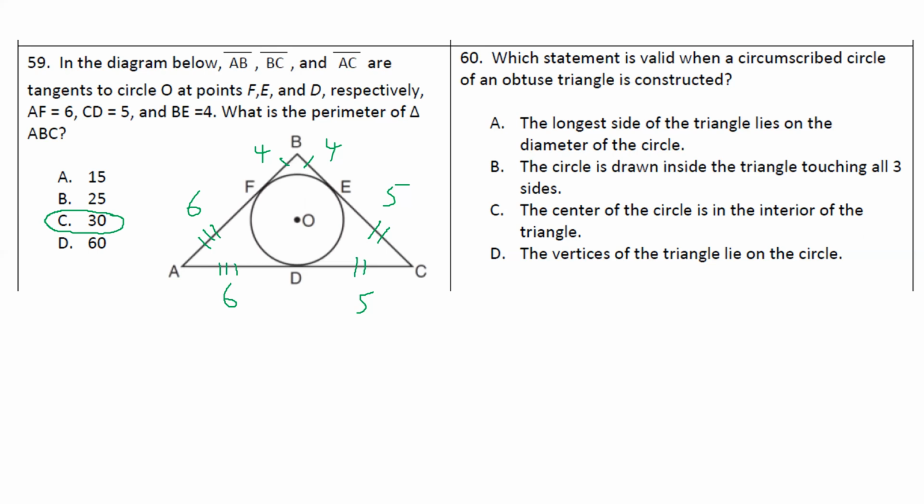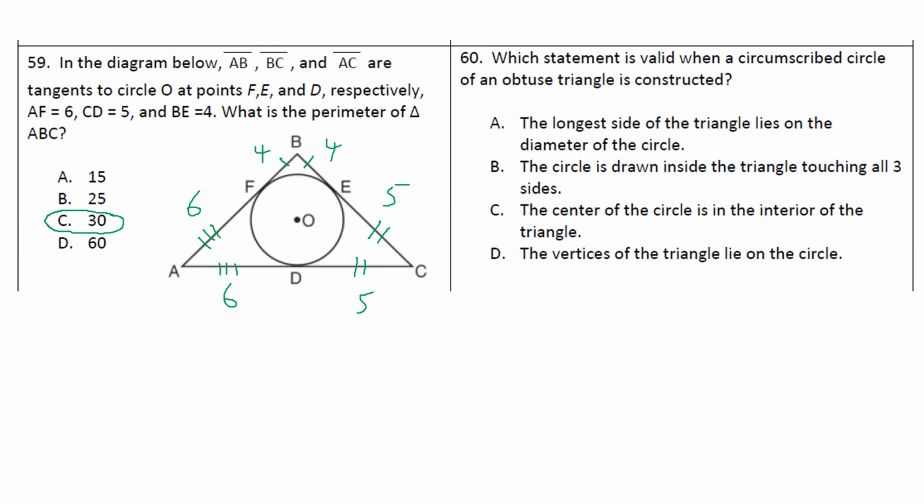Which statement is valid when a circumscribed circle of an obtuse triangle is constructed? So there is one answer here that should stand out. If we have a circumscribed circle, no matter if it's obtuse or not, the only answer on here applies to any circumscribed circle.